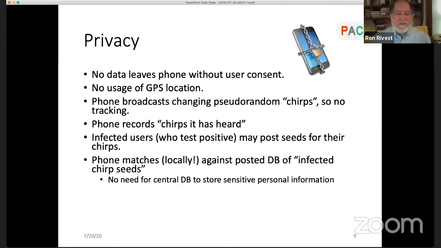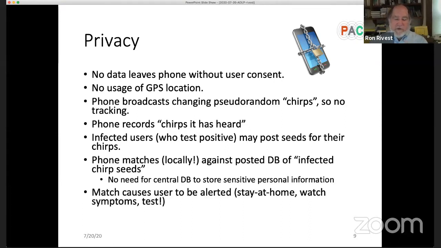So the phone of the listeners can match locally against the posted database of infected chirp seeds. And there's no need for the central database to store any personal information. There's no phone IDs necessarily, or any location information, of course. It's just the chirps and the fact that these are valid chirps or chirp sequences posted by people who later turned out to be infected.